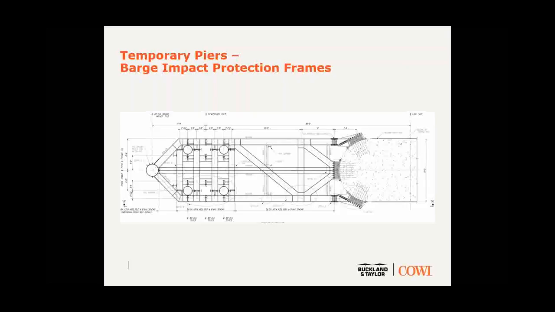You can see at the left-hand side of this picture there's a 48-inch nose pile, basically, as the first part of protection. And then all of the parallel lines there represent W24 sections in a big welded frame that is heavily stressed to the permanent concrete pier.